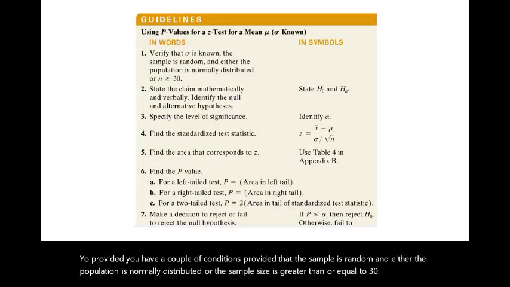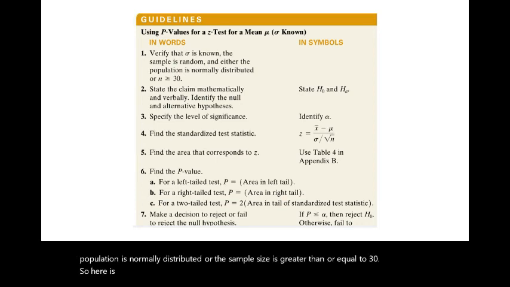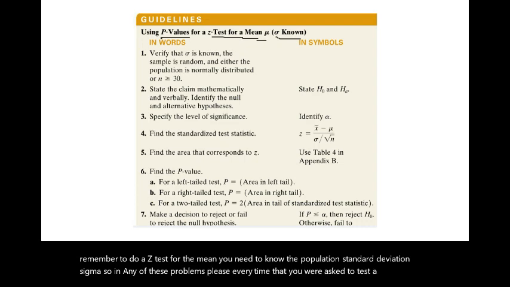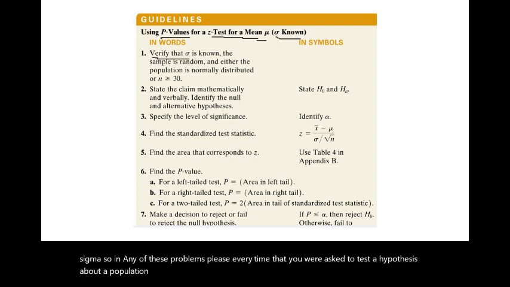So here is the outline in words of how to use a p-value to do a z-test for the mean. And remember, to do a z-test for the mean, you need to know the population standard deviation sigma. So in any of these problems, every time that you are asked to test a hypothesis about a population mean, you need to make sure that you know sigma. If you do not know sigma, you cannot use the formula that uses sigma.